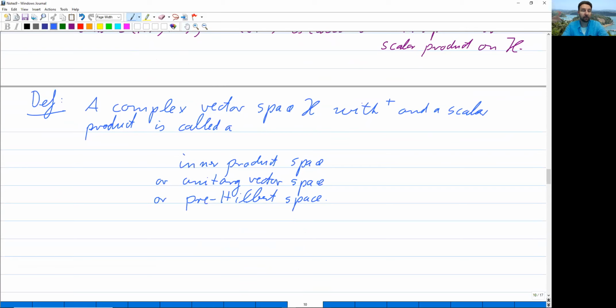Now, if what you're interested in is, for example, quantum computing with a finite number of qubits, then you're fine here. You can do all of quantum mechanics with complex vector spaces that are also inner product spaces. So you just need this Hermitian conjugation map and inner product.